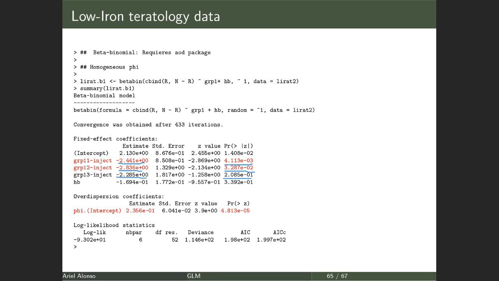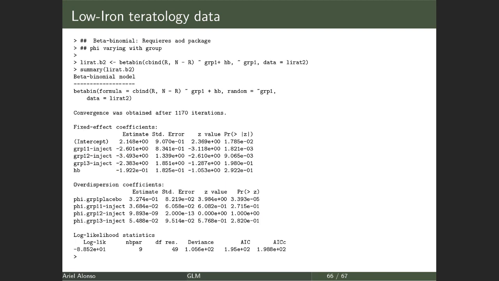So apparently, if you overdo it a little bit, you don't get any effect. And also the effect of hemoglobin, you see again that it was not significant here. And here you have the estimate for the intracluster correlation. Here you have this value, and the p-value was highly significant for that.